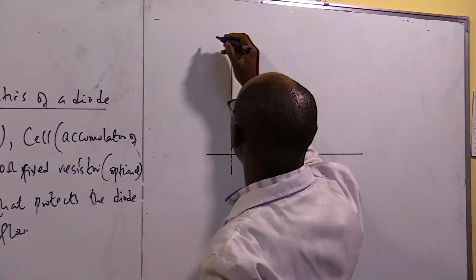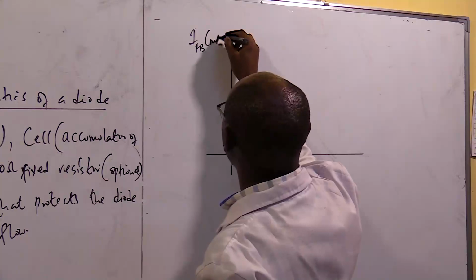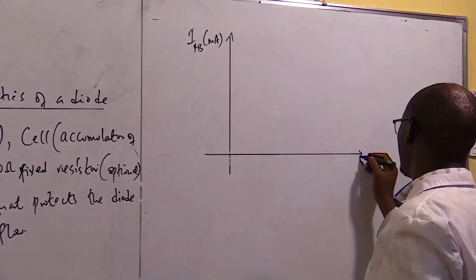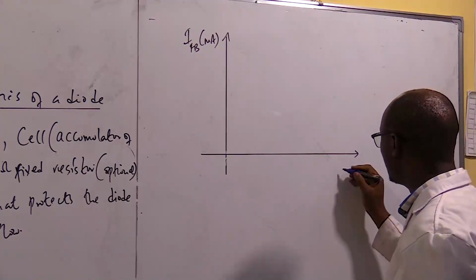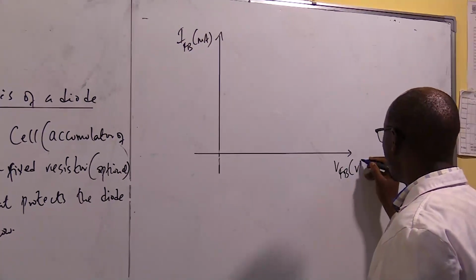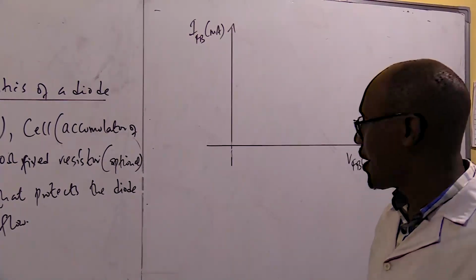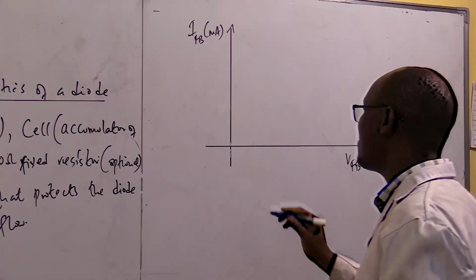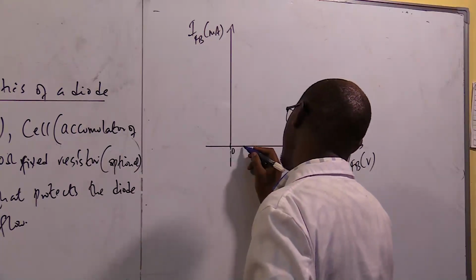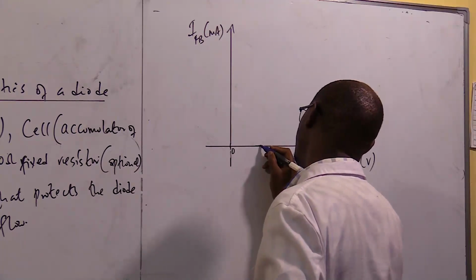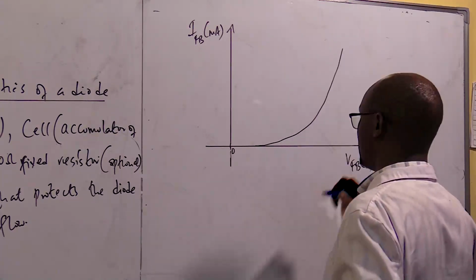So we have current, which is forward bias current in milliamperes, and then of course we have our forward bias voltage in volts. And of course, as you can see, initially we'll be having almost zero current. So at some point, then you'll begin to see a rise. Then of course it continues.